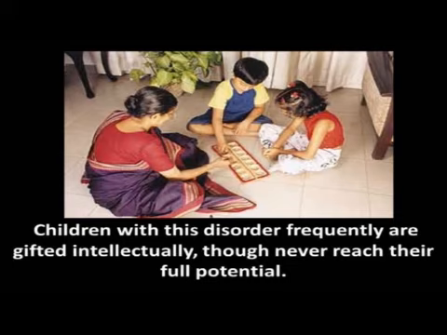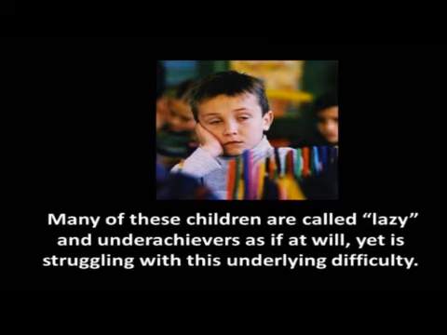Children with this disorder frequently are gifted intellectually, though never reach their full potential, and parents and teachers are puzzled by what they perceive the child's ability could be. Given the level at which the child is performing at school and at home, many of these children are called lazy and underachievers, as if at will, yet they are struggling with this underlying difficulty.